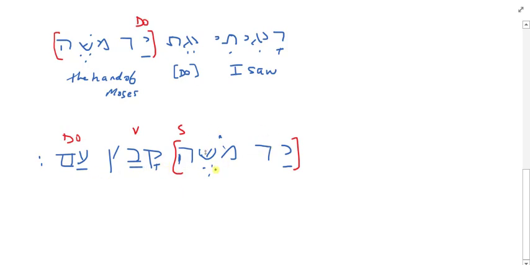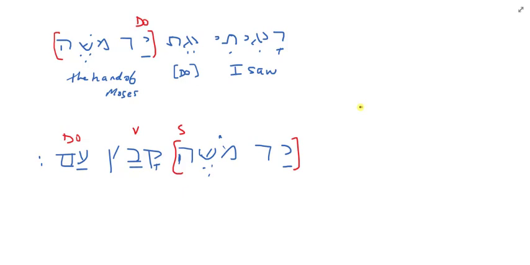Okay? Again, just showing you that construct chains are basically going to form a single unit functioning as a noun, and any noun role a construct chain can fill. They could be subject, they could be direct objects. Construct chains could be the object of a preposition. Okay? All right.